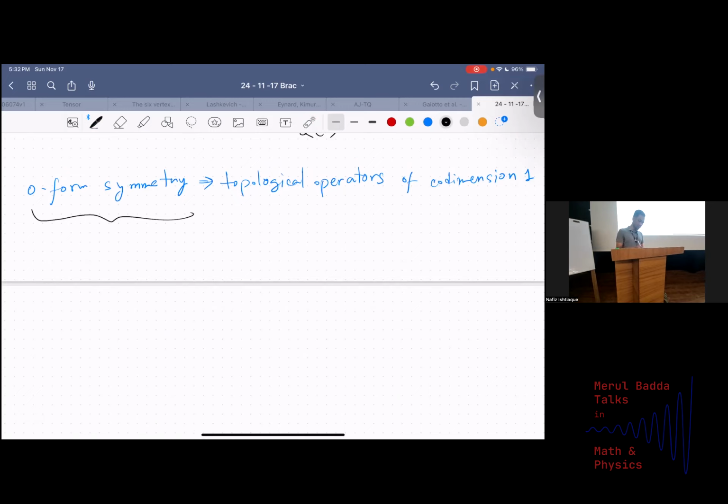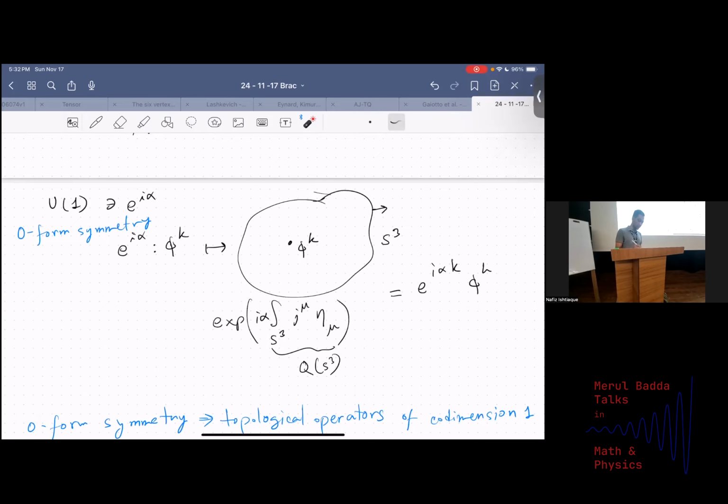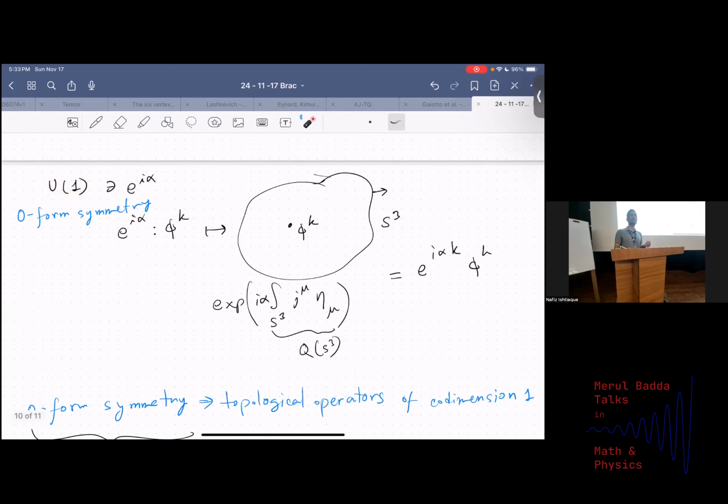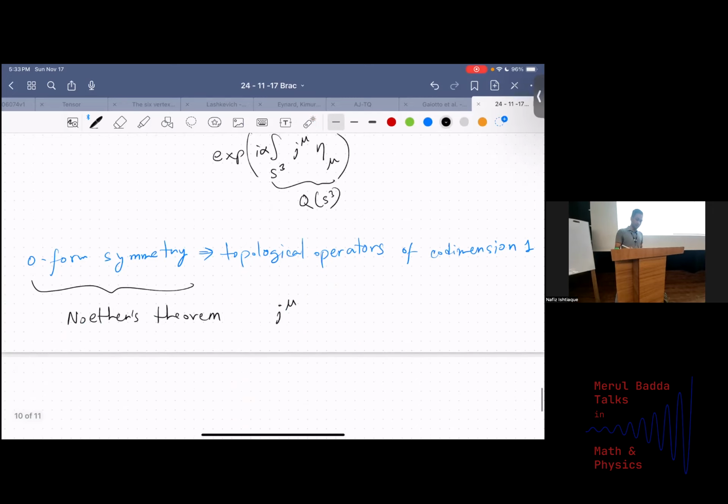What does zero-form symmetry mean? From a zero-form symmetry, using Noether's theorem, you always have a conserved current. U1 was the group of zero-form symmetry transformations. Any element of U1 is a particular transformation, and associated to each one you have a current J mu, which Noether's theorem tells you is conserved.